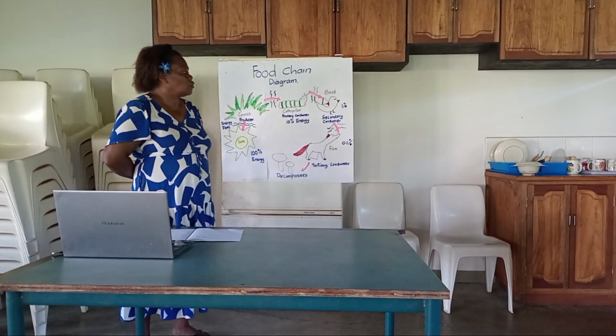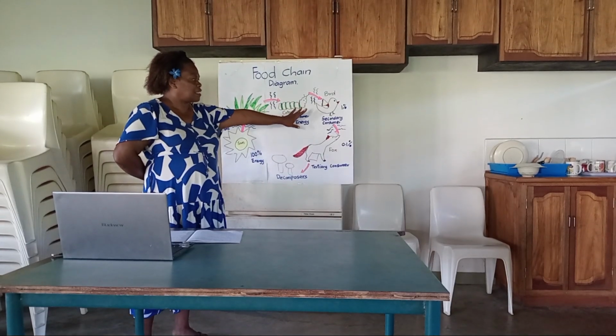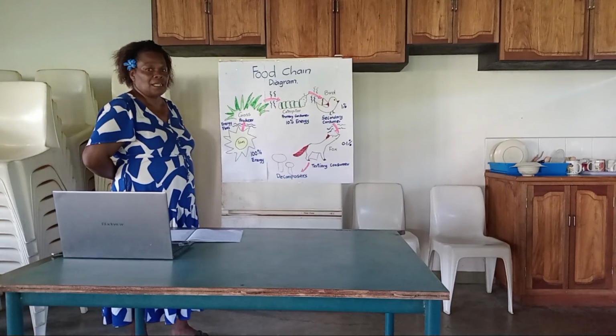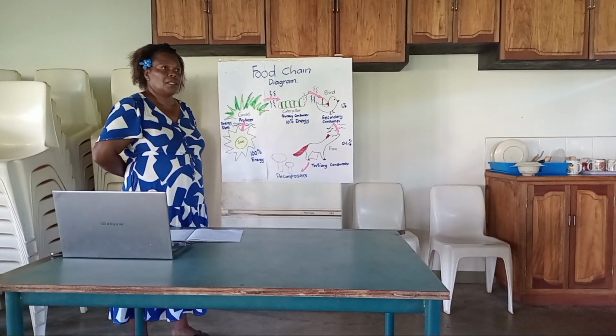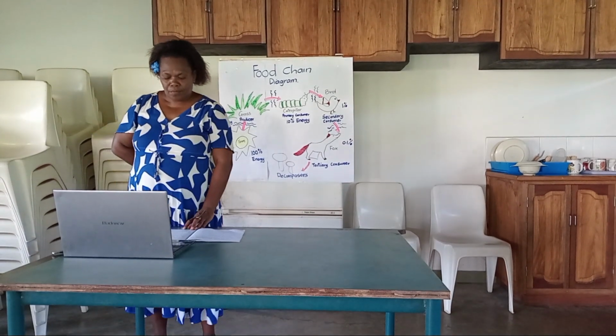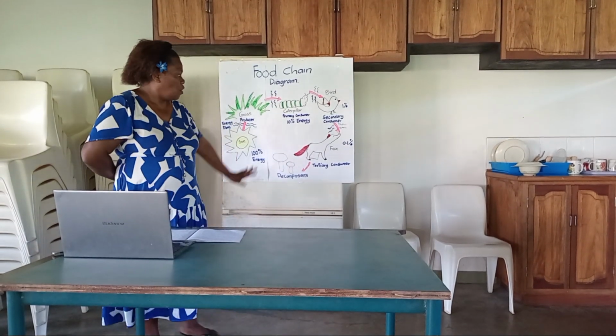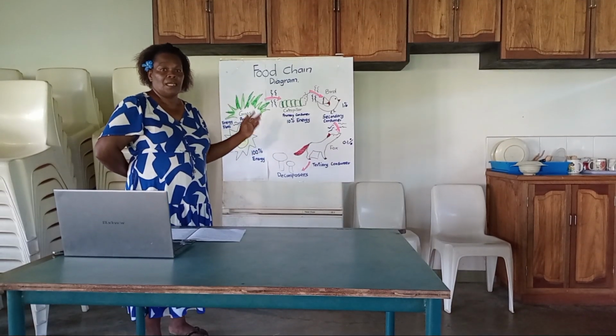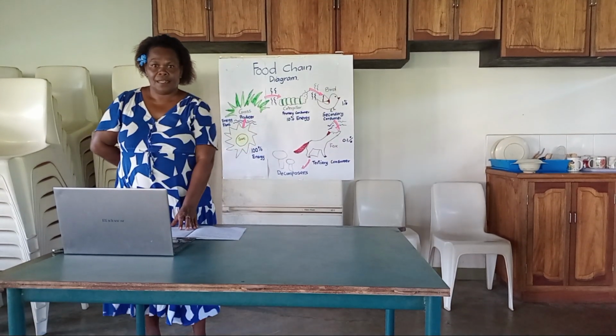When it moves on to the secondary consumer, the bird, it moves to 1%. That means the further up it moves, the less energy is taken in. The intake of energy is less and less.